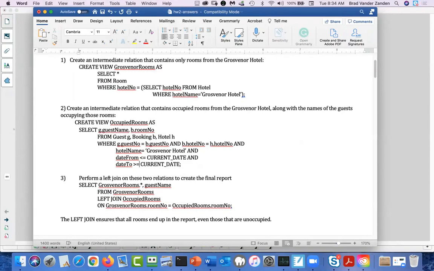And you're going to sweep up Bugs Bunny because Bugs Bunny's date 2 is greater than or equal to the current date. So technically, which person are you claiming is occupying that room? Is it Bugs Bunny or Wile E. Coyote? According to your query, the way you wrote it with greater than or equal, both guests are occupying that room. So that's another reason why greater than or equal is not right here. You have to use greater than. So I just wanted to point that out.